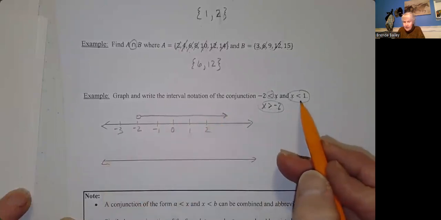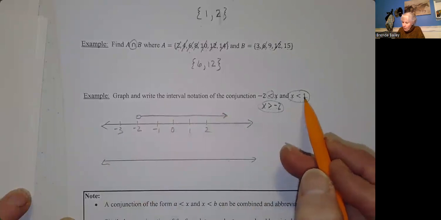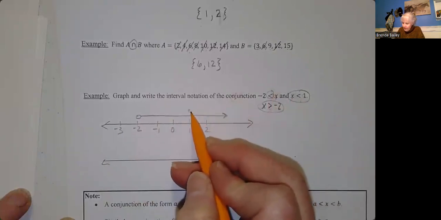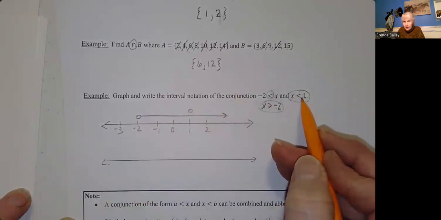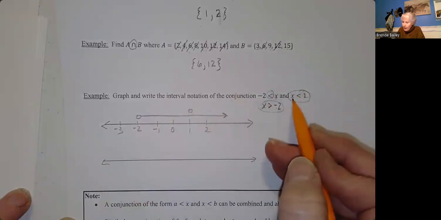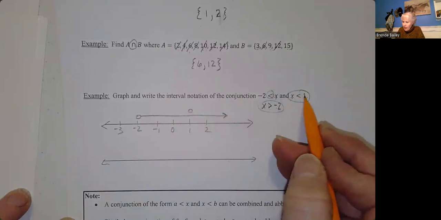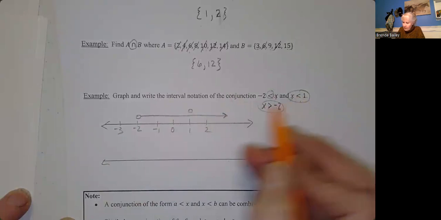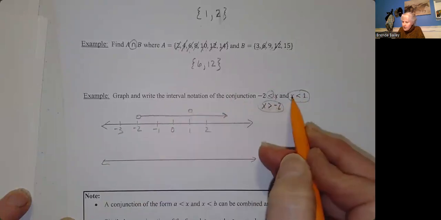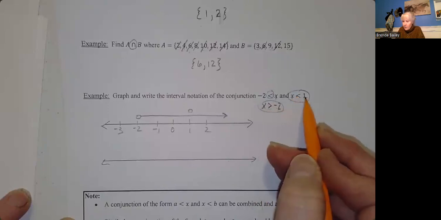This one, x is less than 1. You go to the 1. It's also an open circle because there's no bar. And we want x's that are smaller than 1. So our arrow is going to go to the left because numbers that are smaller than anything is always to the left.